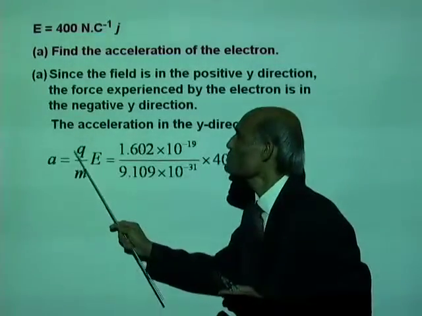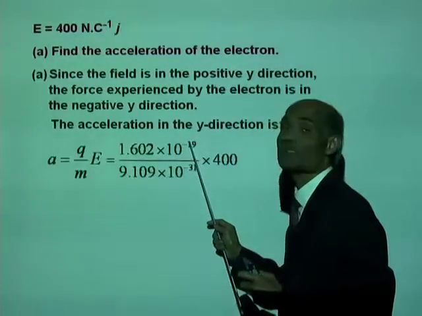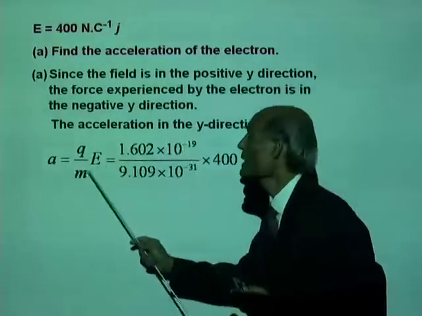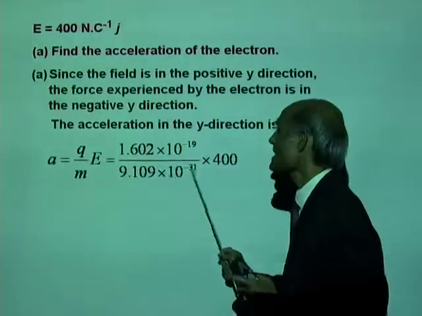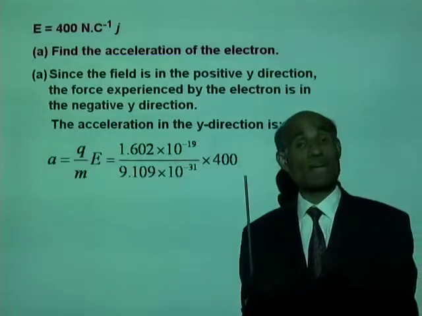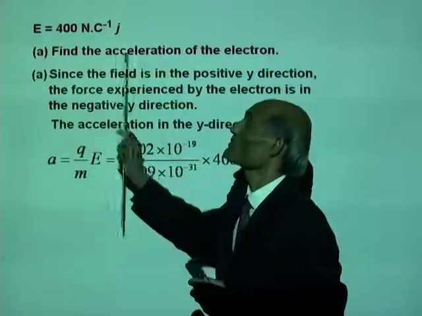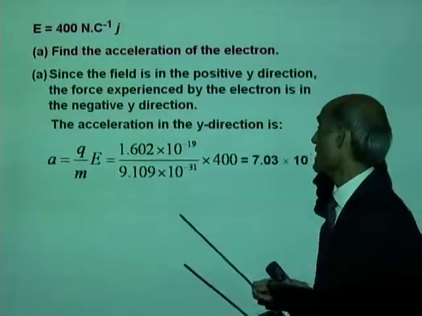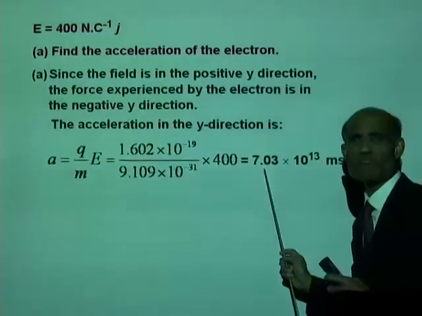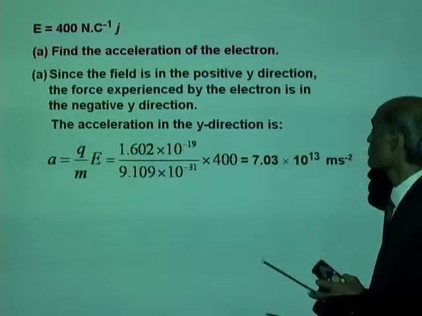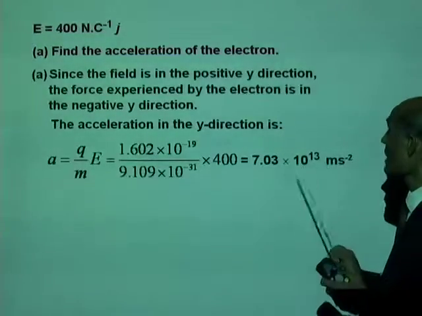Approximately, yes. The charge on the electron is 1.60 times 10 to the negative 19 coulomb. Mass of the electron is 9.109 times 10 to the negative 31 kilogram, times E, which is given to be 400 newton per coulomb. And that gives me the acceleration of the electron. Look at this, it's a tremendous value: 7.03 times 10 to the 13 meter per second squared.